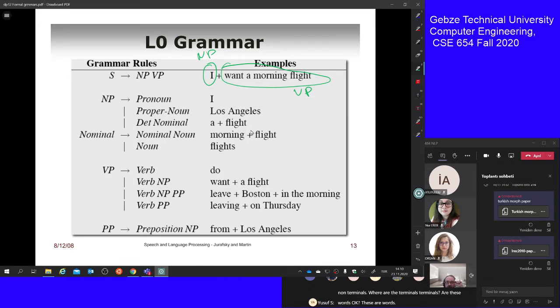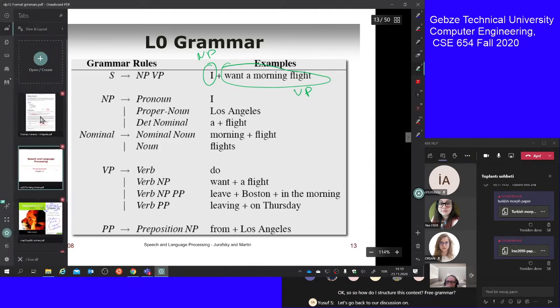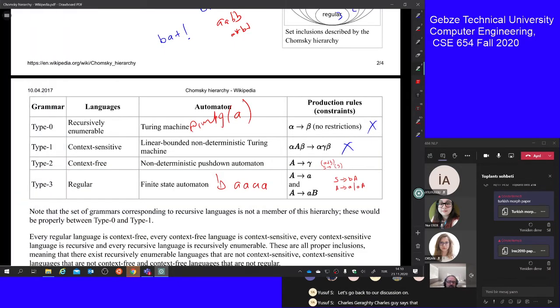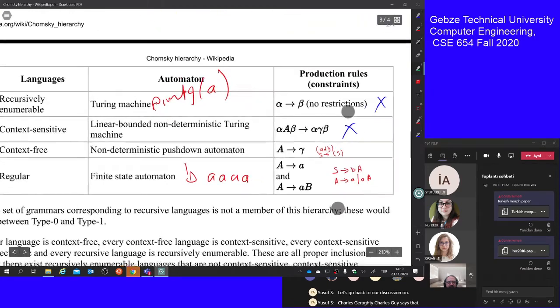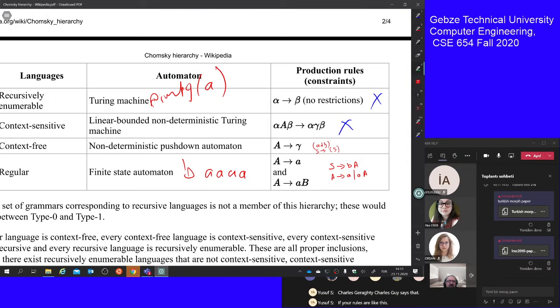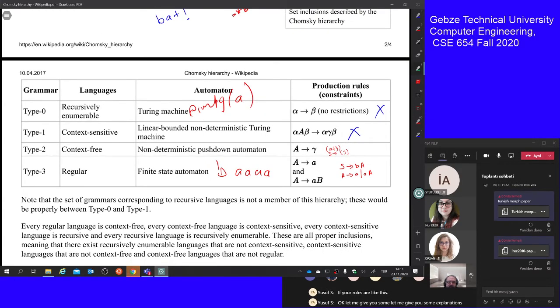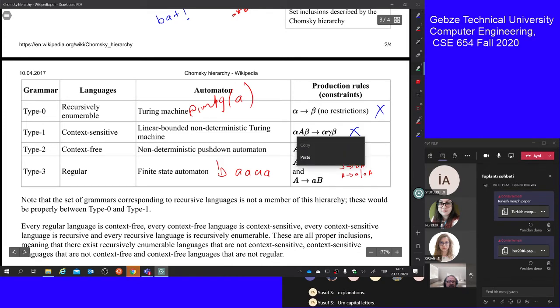So how do I structure this context-free grammar? Let's go back to our discussion on the Chomsky hierarchy. Chomsky says that if your rules are like this, let me give you some explanations. Capital letters are non-terminals.